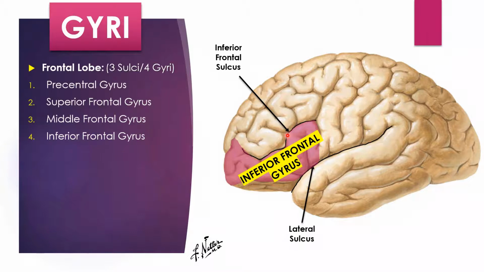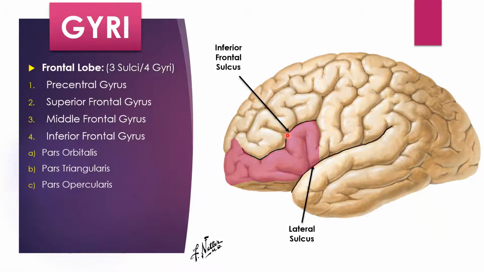Into the inferior frontal gyrus, we know that the three rami given by the lateral sulcus of Sylvius are indenting.